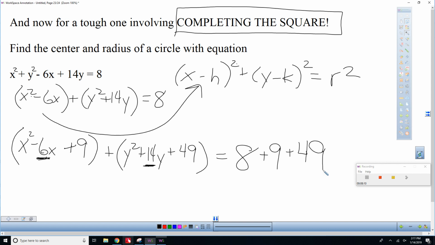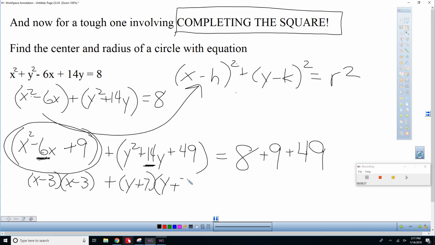Because I needed to, so I could write it like this. So now, can you factor this thing? Sure you can. I just made sure you can. What is the factor? It's x minus 3 times x minus 3. And what's this one? Well, it's y plus 7 times y plus 7.